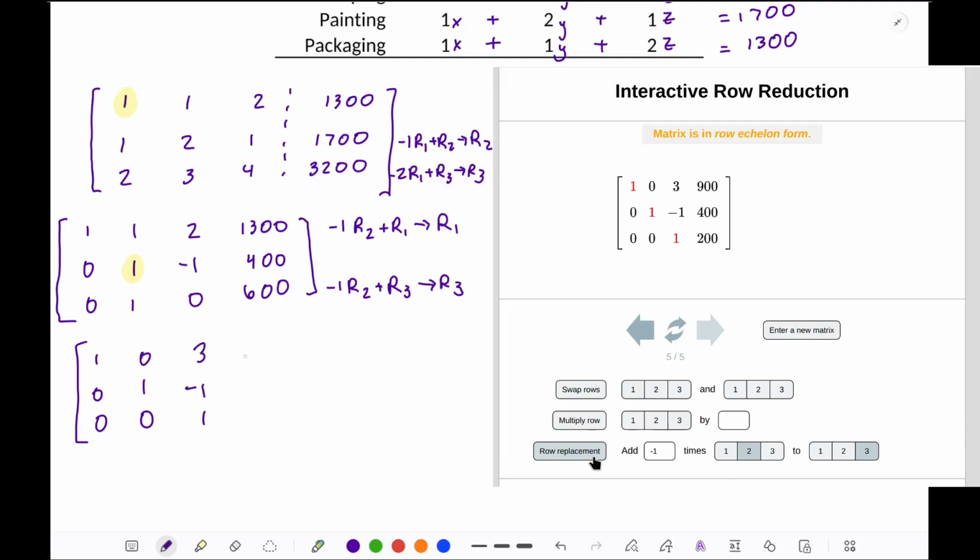Because if you notice, our next diagonal entry is already a 1. So now I need to cancel out the negative 1 and 3.